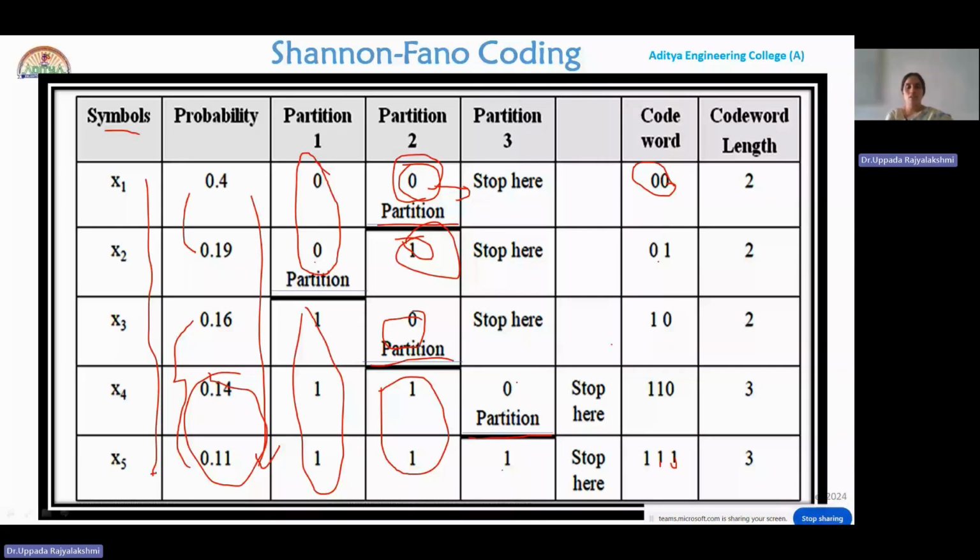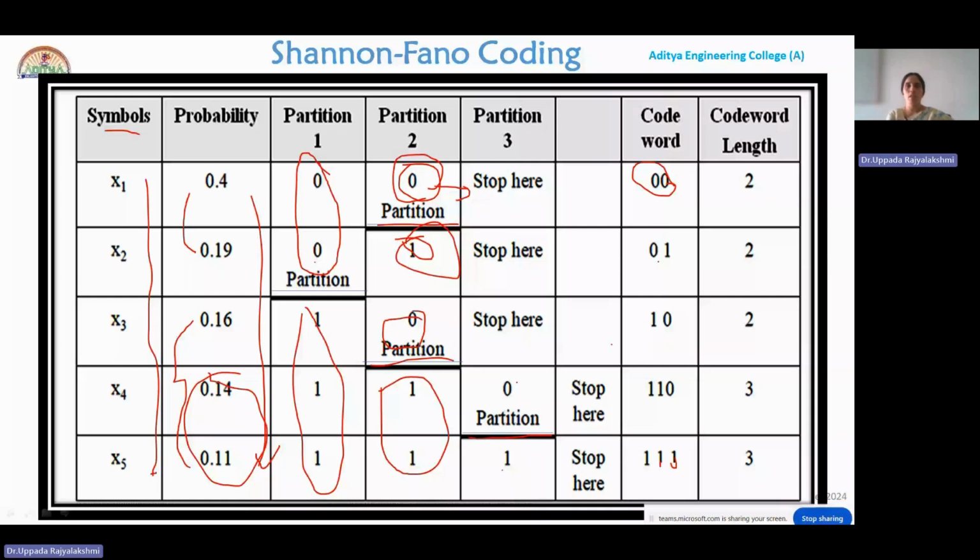After calculating the code word lengths for all symbols, in order to calculate the average code word length, you have to multiply the respective probability with the respective code word length. The average length can be attained by taking the summation of products of the probability of the symbol and the code word length.